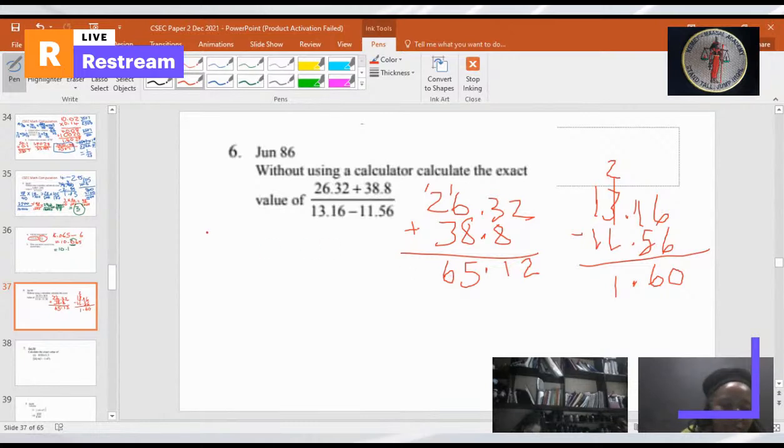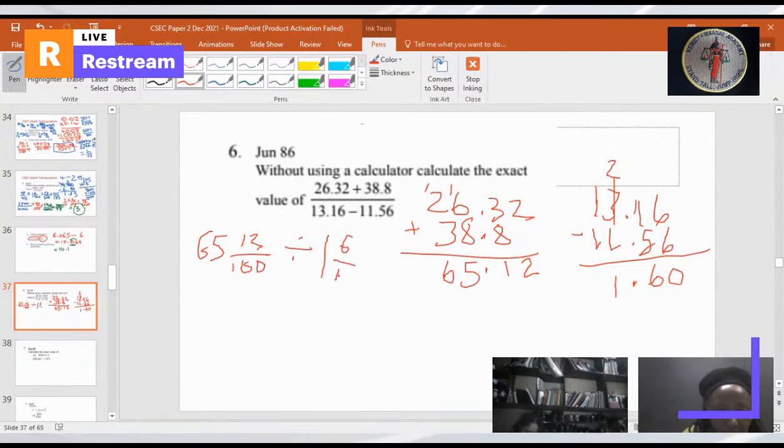All right, let's not trouble our pretty heads. Let's work this as a fraction. So we have 65 and 12 over 100, divided by 1 and 6 over 10. Am I right? Yes, miss.